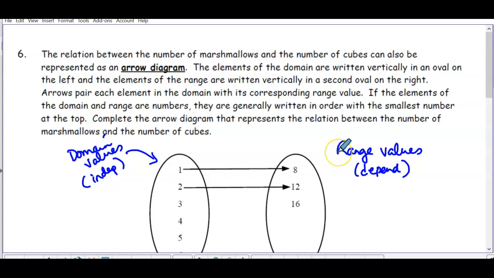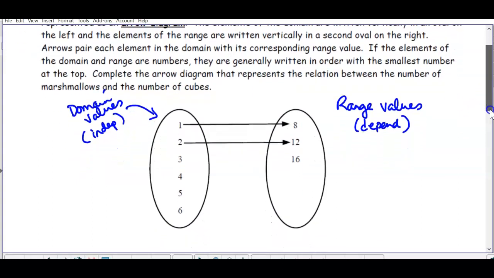If the elements of the domain and range are numbers, they are generally written in order from the smallest number at the top. Complete the arrow diagram that represents the relation between the number of marshmallows and the number of cubes. So in an arrow diagram, it is important to list your domain values in order, lowest to highest, range values in order, lowest to highest.